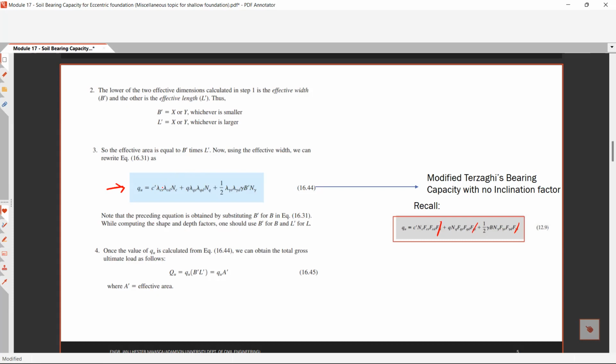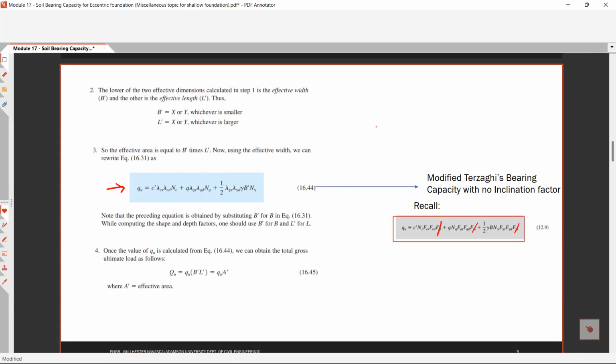C prime, lambda CS, lambda CD, and C plus Q, lambda QS, lambda QD, and Q plus 1/2 lambda alpha S, lambda alpha D, alpha B prime, B prime and gamma. Okay, so the modified Terzaghi bearing capacity.